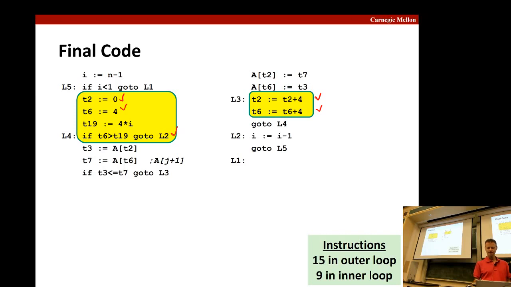And so that's, again, useful because now in this final code, we only have 9 in the inner loop as opposed to 11, and still 15 in the outer loop. So we basically cut things by roughly half for both the outer and the inner loops. All right, so any questions on that?